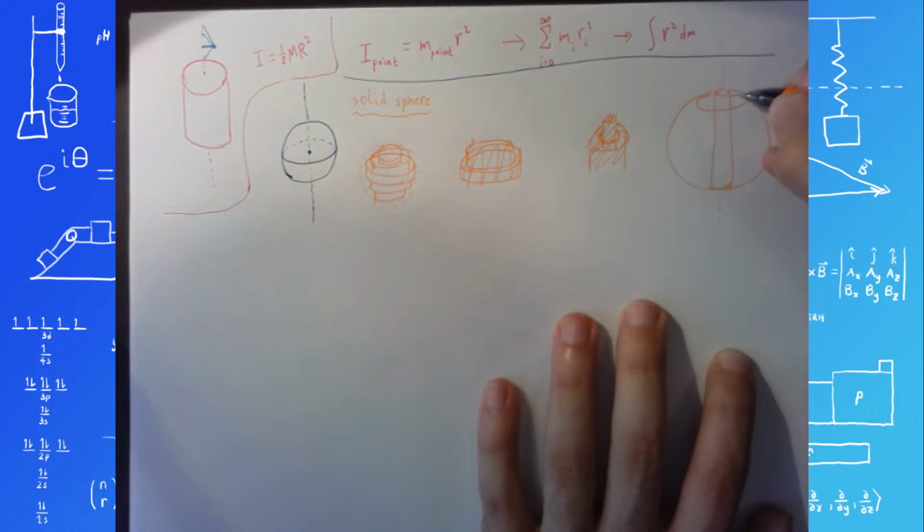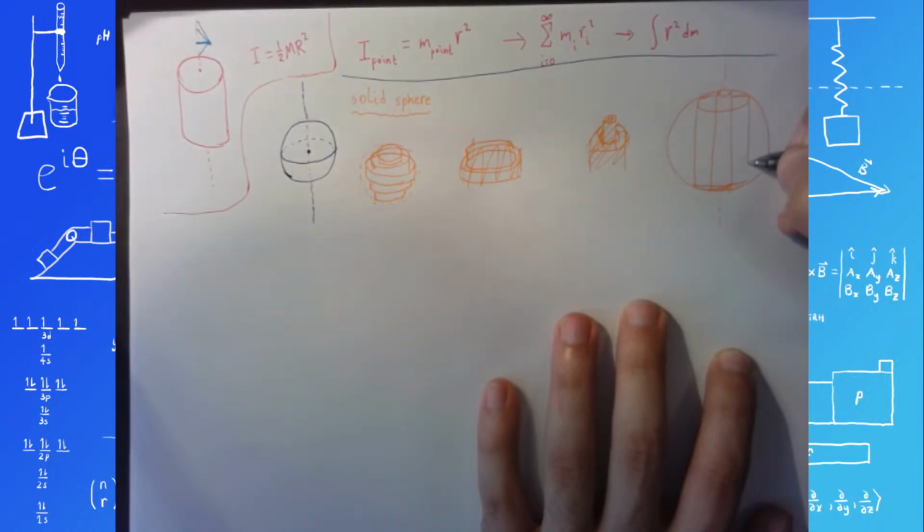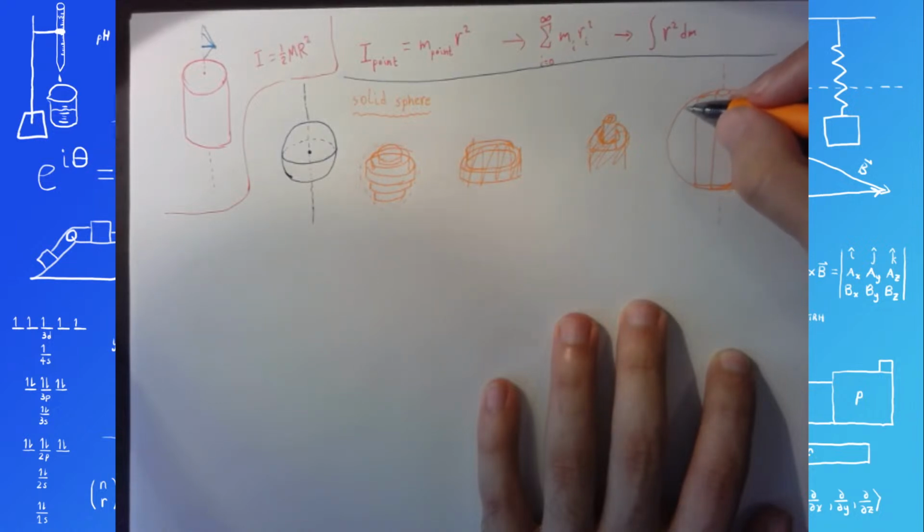Okay, it's not going to look very neat, but we're basically going to have all of these different nested cylinders that we can cut this thing into.